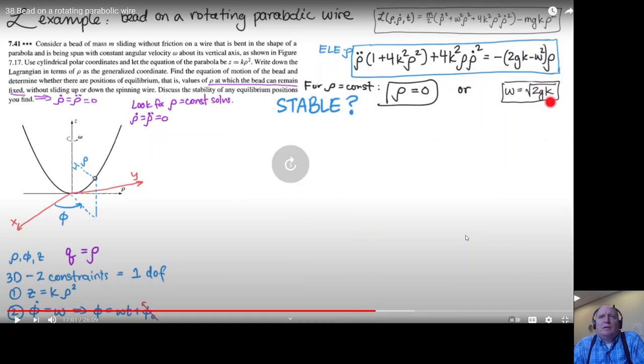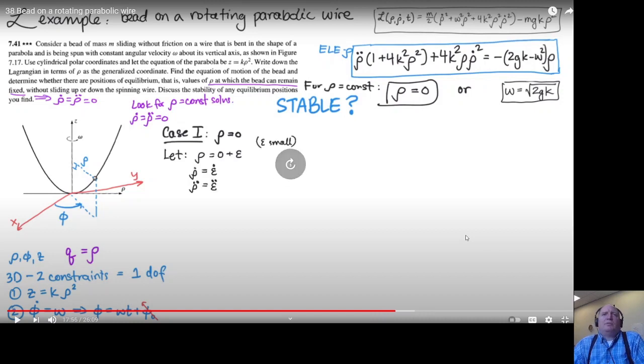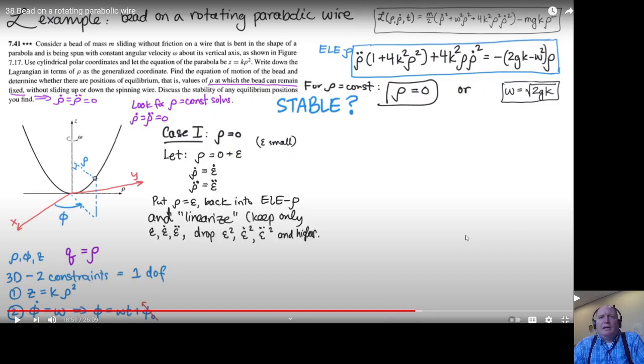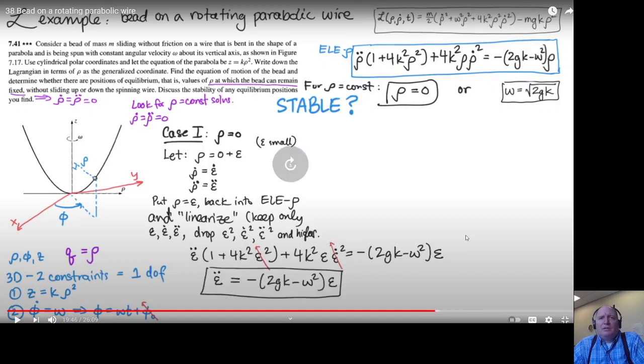Who cares about case 1? But let's see what he's doing here. Yeah, I'm way more interested in case 2, but I'm curious what's happening here. Yeah, anything that's squared is 0. Oh, okay. So that's only stable if 2gk is greater than omega squared. So this case 1 is interesting.